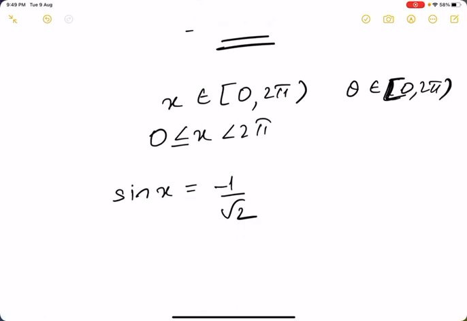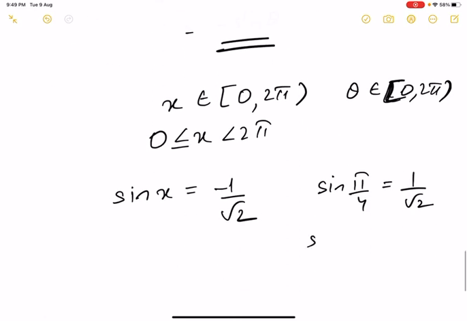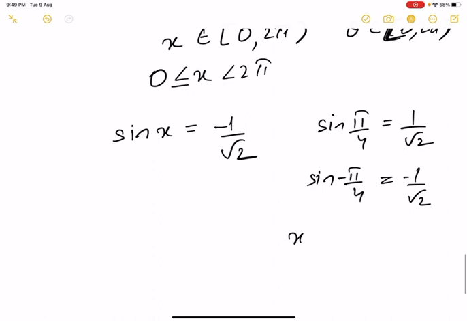Now you know that sine of pi by 4 is equal to 1 by root 2. Now using the second method, it becomes very simple, that is sine of minus pi by 4 is equal to minus 1 by root 2, and then you will say x is equal to minus pi by 4 is a solution. That is what you will say. Now this is correct. This is a solution, but this is not a principal solution.